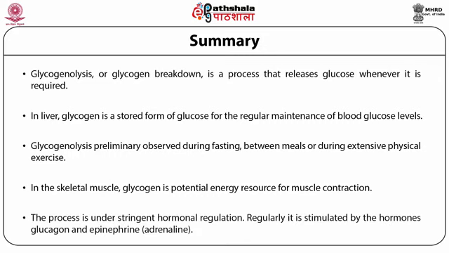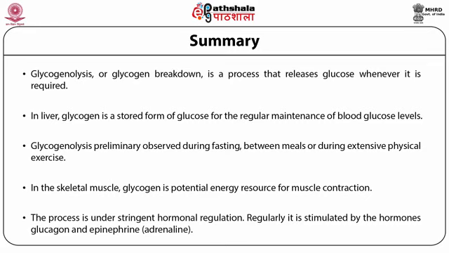The process is under stringent hormonal regulation. It is stimulated by the hormones glucagon and epinephrine, which is nothing but adrenaline. You must have learned about the fight or flight response. At that time, adrenaline concentration in our body increases. Glucagon plays a similar role. Actually, glucagon and insulin have opposite actions.